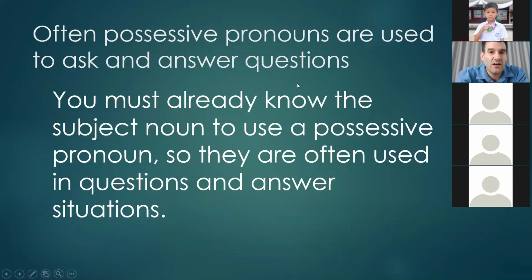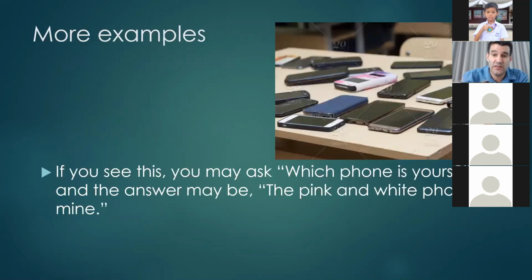So next, often possessive pronouns are used to ask questions. When you are talking with somebody and you both already know what you are talking about, then you can use possessive pronouns because they are easier. I will show you an example.